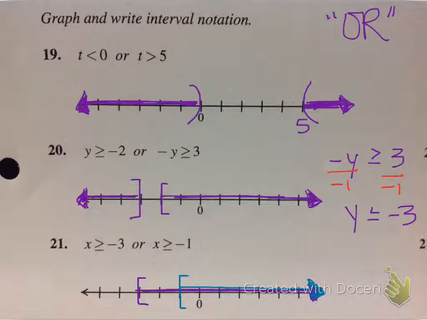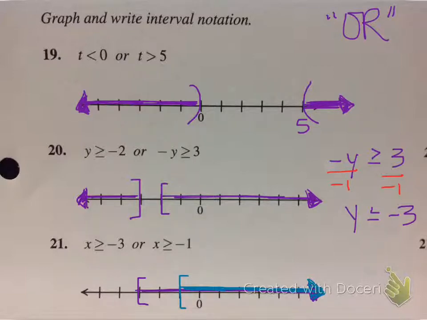It's also shaded to the right. Now we didn't do anything wrong, but both our graphs are going in the same direction. Well, since it can be one or the other, then what I originally had in purple would actually include everything that's greater than or equal to -3, and part of that is also everything that's in blue, which is greater than or equal to -1.